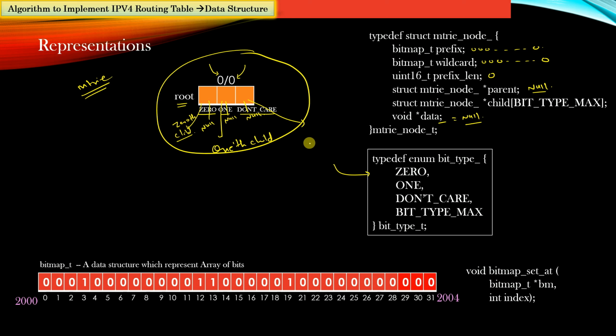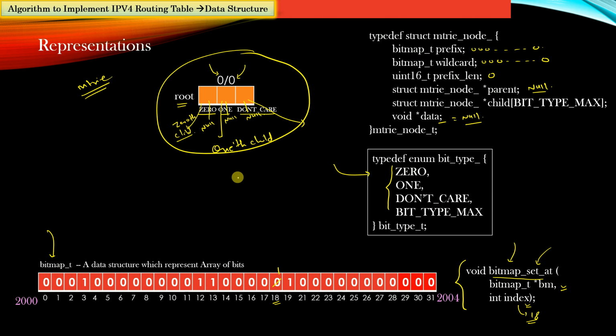So each node in the mtry can have a maximum of 3 children and we index these children as 0, 1 or don't care. And as I said, you need to visualize bitmap as an array of bits and nothing else. On this array, you can perform operations like you would on normal arrays. For example, we can implement a function bitmap set at, passing the pointer to the bitmap and the index. So if you pass the index number as 18, then this function must set the bit at index 18 to 1.